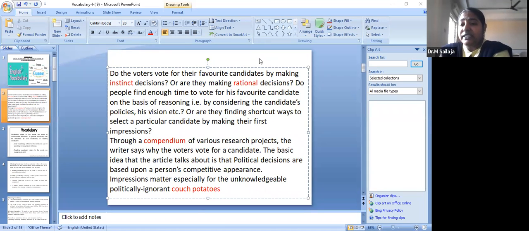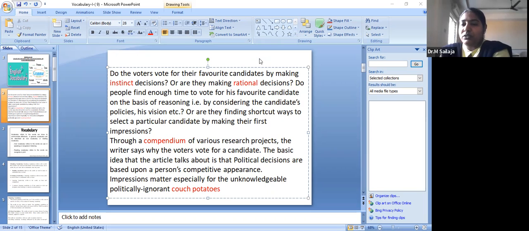He had conducted a survey. Compendium means searching something in an in-depth manner. The basic idea that the article talks about is that political decisions are based upon a person's competitive appearance.